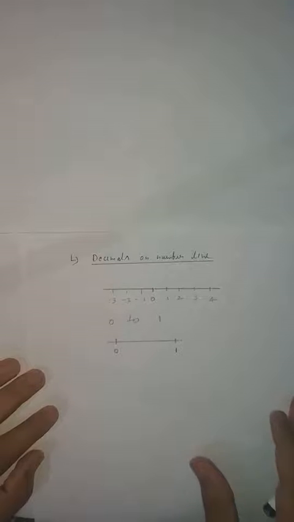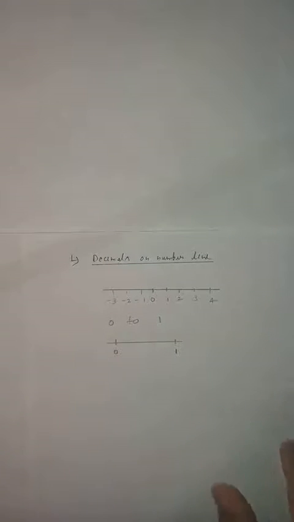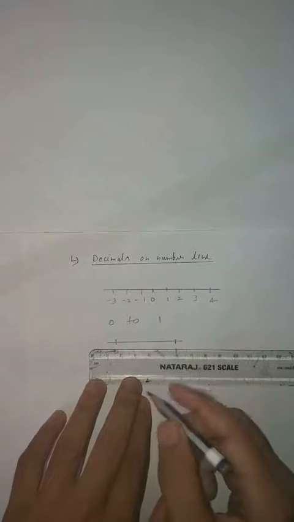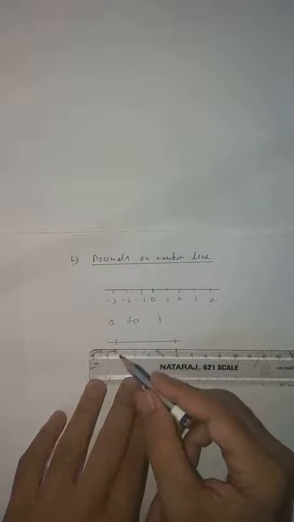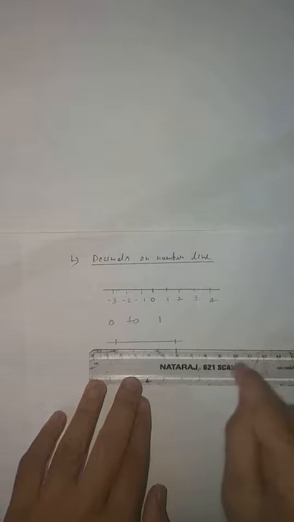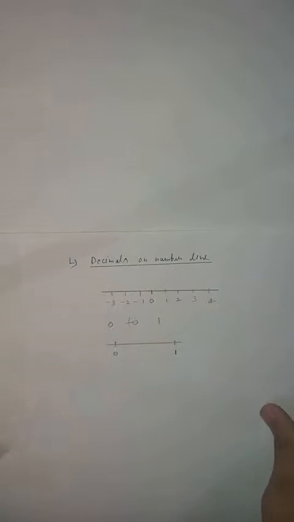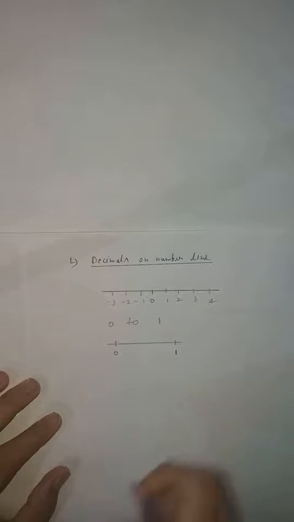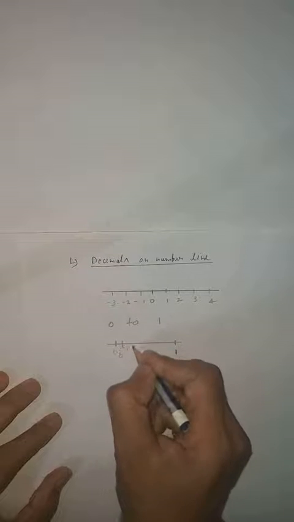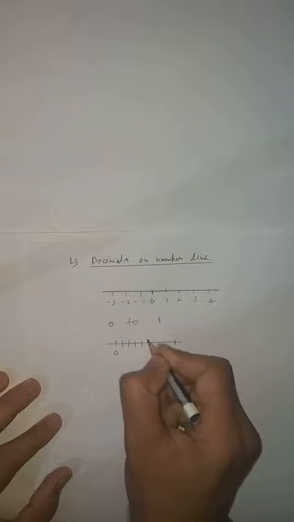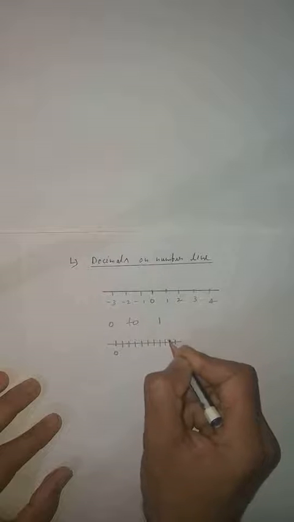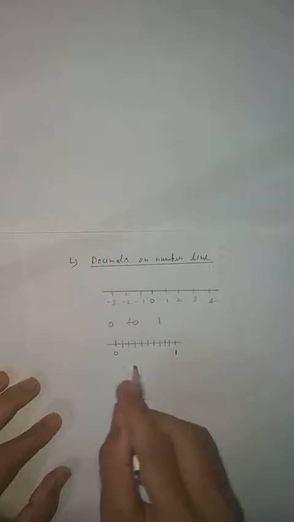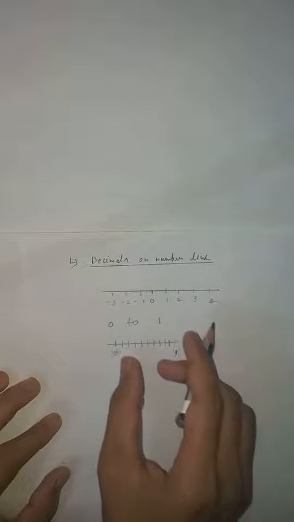Now, one important thing: if you look at your ruler, you can see just 3 and 4 is given, 1 and 2 is given, and you will count that there should be 10 lines between every two numbers. What is the meaning of this, students? It means if 0 and 1 are given, there should be 10 lines in between both of them. How? From the start 0, first 1, 2, 3, 4, 5, 6, 7, 8, 9, and this is your 10. Clear, students? So between any two numbers, there will be 10 lines.